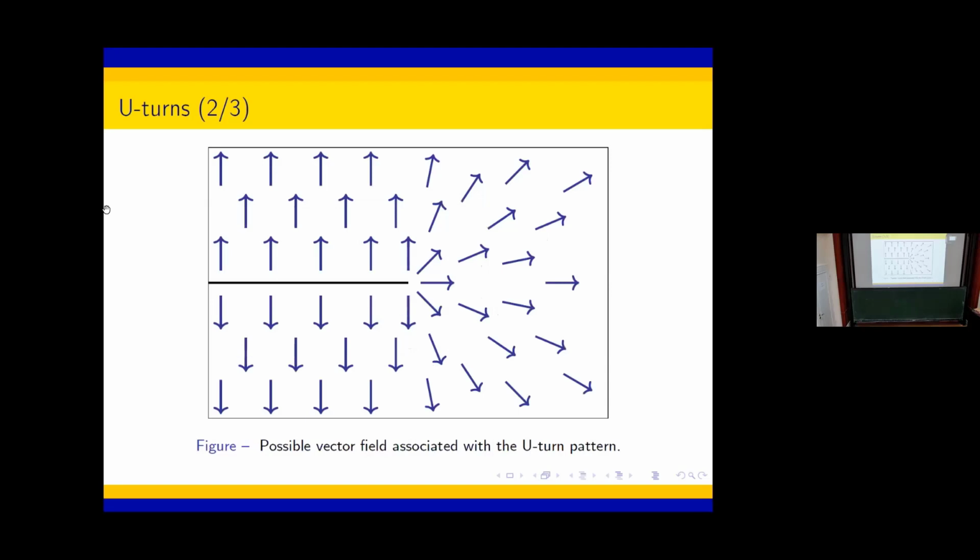And I can represent it using a vector field. Of course, I can use this vector field to represent my pattern. But the problem is that this vector field here has a jump. And so if my theory is correct, this has a cost. But in practice, there is no jump, so there should not be a cost.